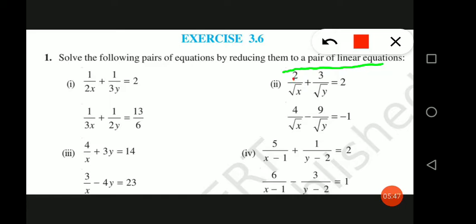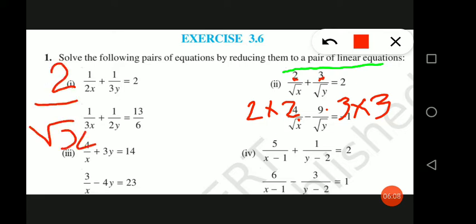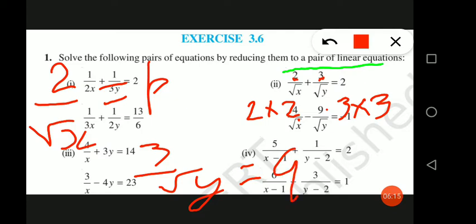So we know that the coefficients 2, 3, 4, 9 are somehow similar, because 4 can be written as 2 into 2, and 9 can be written as 3 into 3. So if we want, we can take 2 by root x is equal to p, and 3 by root y is equal to q. This is also one of the ways we can solve.